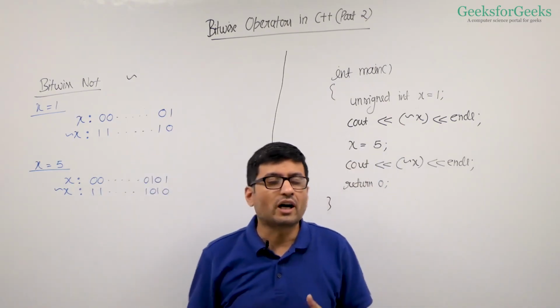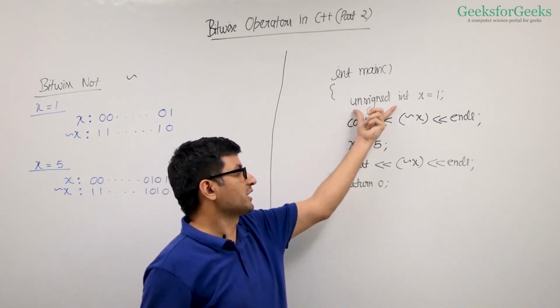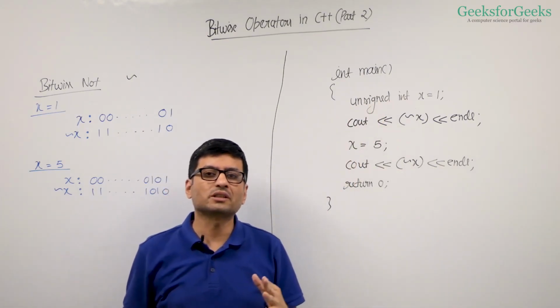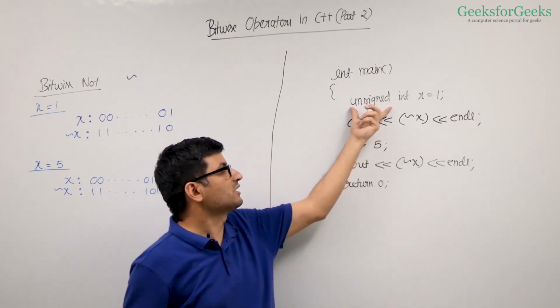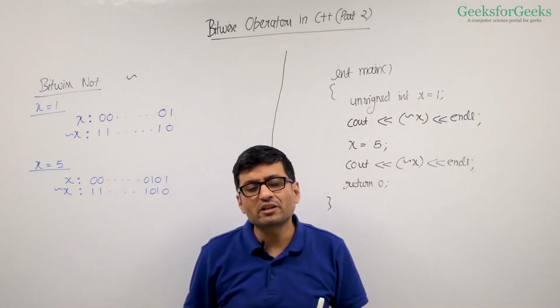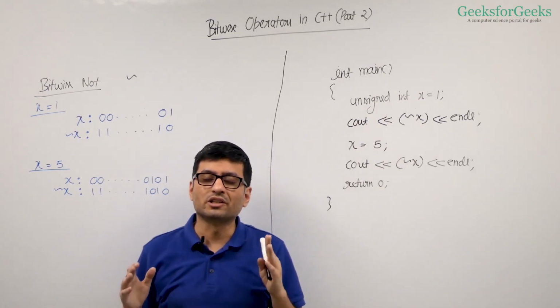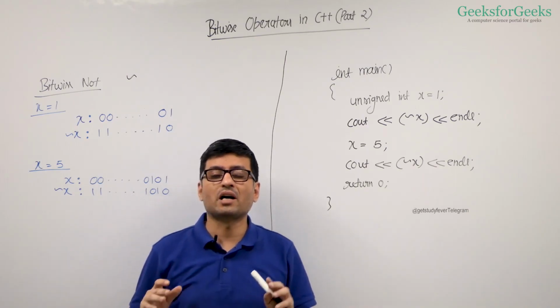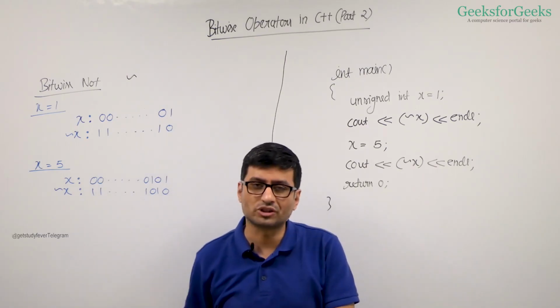Please note that I have used unsigned int x here. I'll talk about what happens when you use signed numbers, but let's first consider unsigned int x equal to 1. So when we say unsigned, it means all the numbers represented by this data type are 0 or positive.